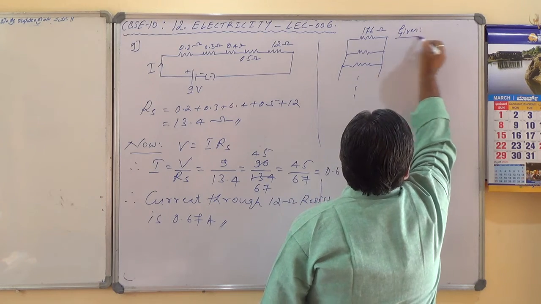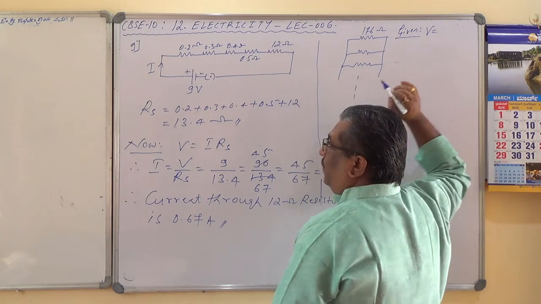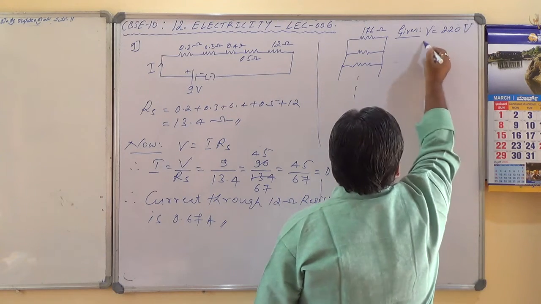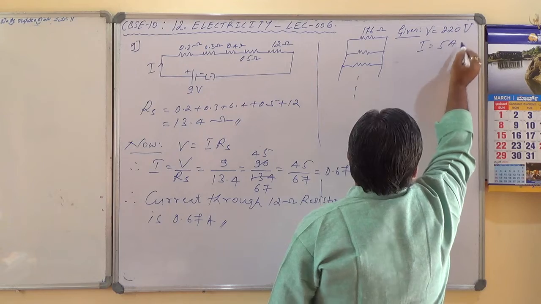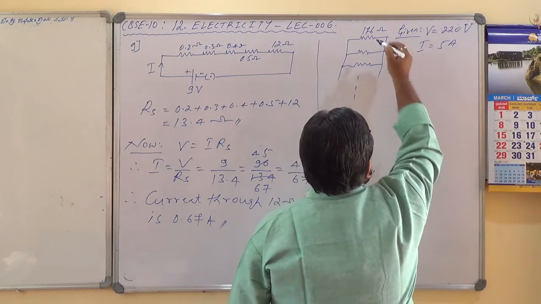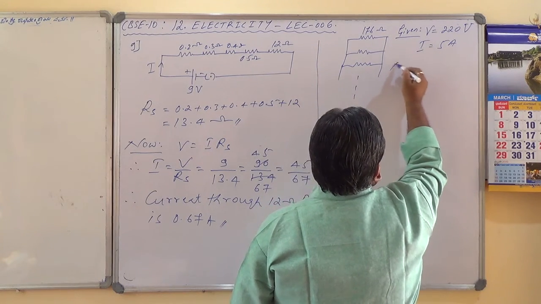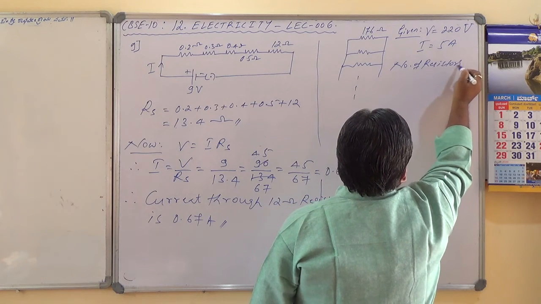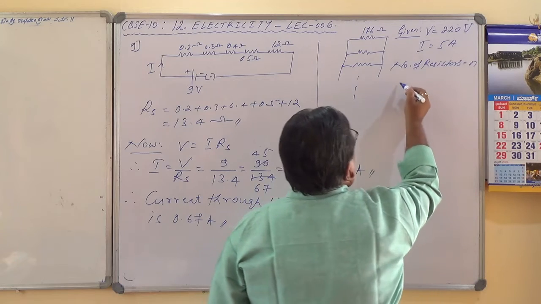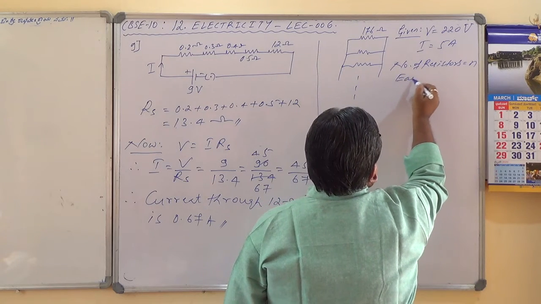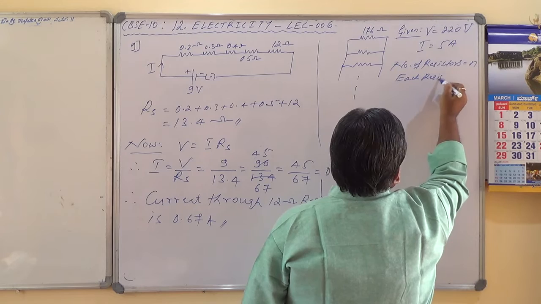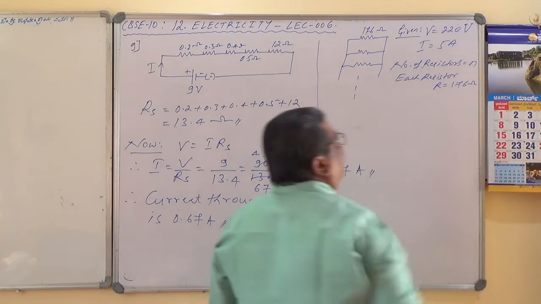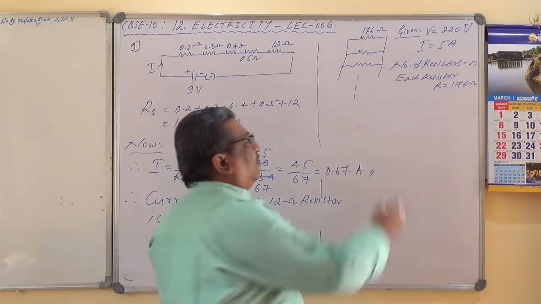Given voltage is 220 volt and current 5 amps it will draw, and number of resistors equals n, and each resistor R equals 176 ohm.